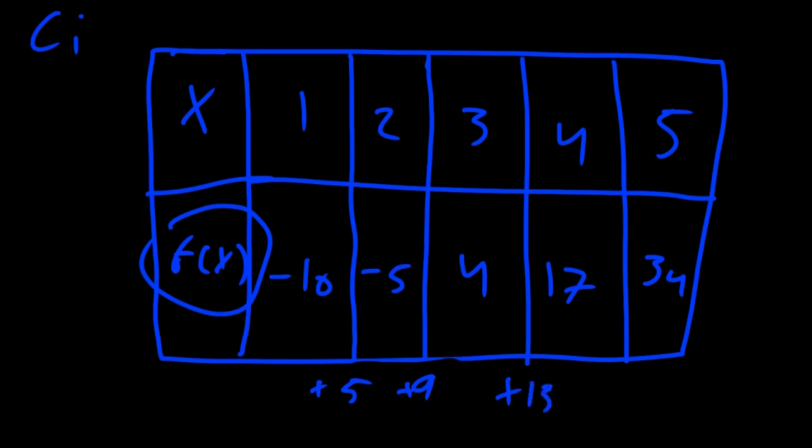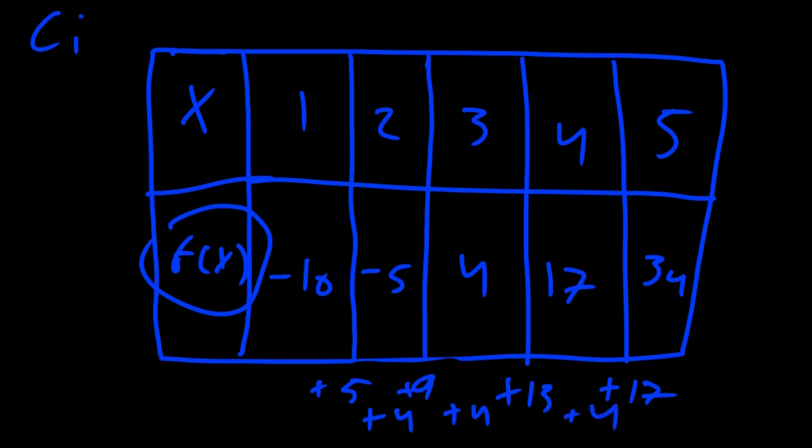And then 17 to 34, you have to add 17. Then let's look at the differences between these first differences. To go from 5 to 9, you add 4. 9 to 13, add 4. And then 13 to 17, add 4.